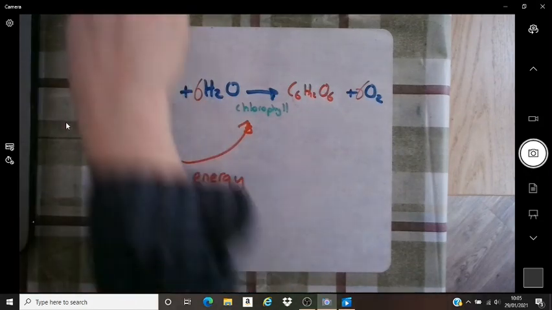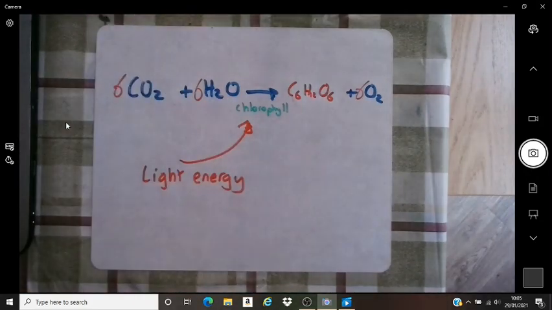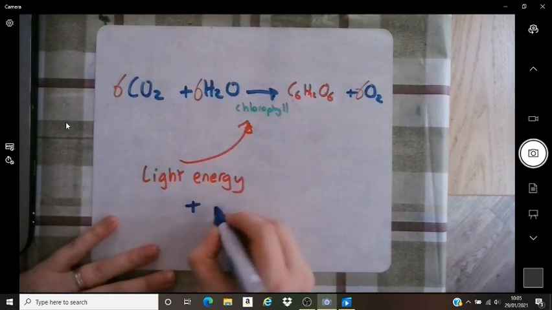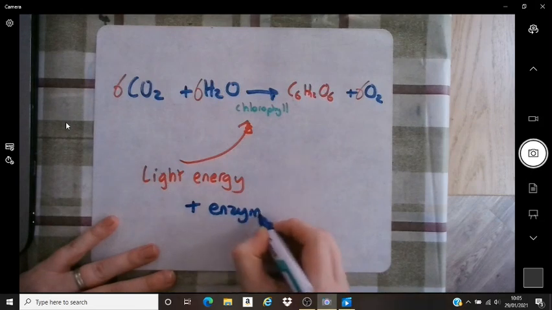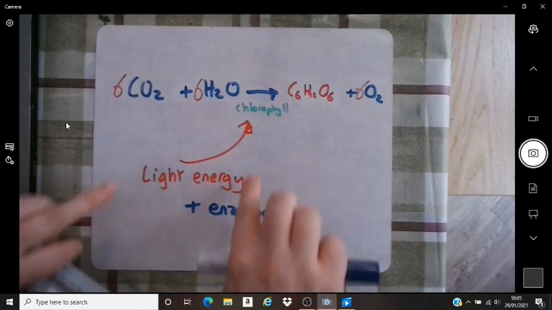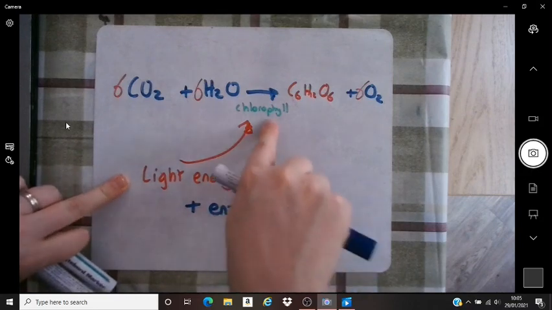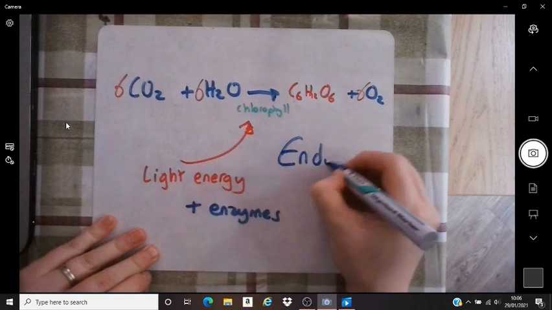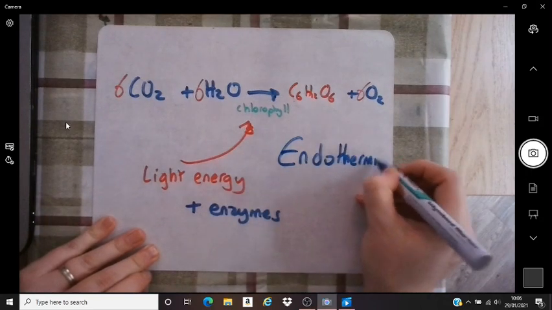Of course, this is a chemical reaction taking place inside a living thing, therefore it must be catalysed by enzymes to speed it up. Because the light energy is being transferred into the reaction, we say that photosynthesis is endothermic.